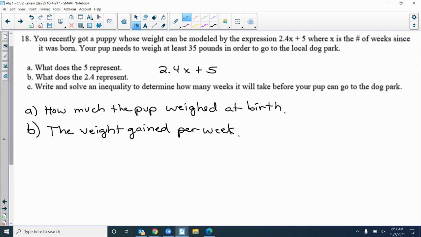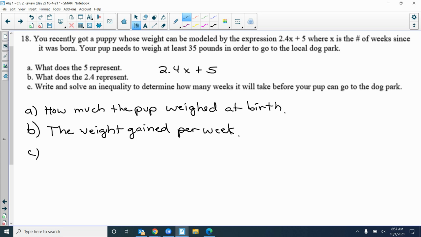All right, C, write and solve an inequality to determine how many weeks it will take before the pup can go to the dog park. All right, what do you think we got to do for that as you take a look at everything we got at this point? Alex, what do you think? I'm confused.